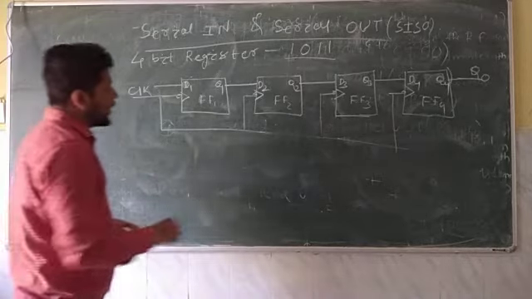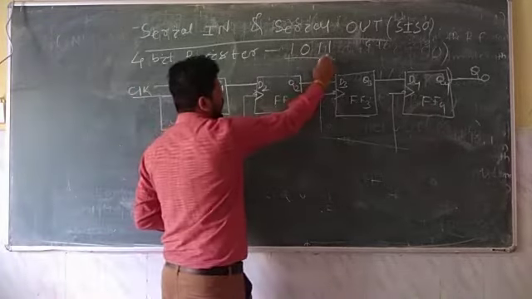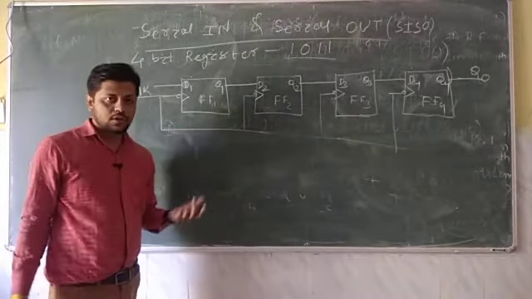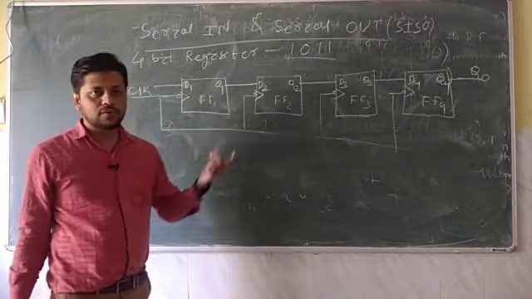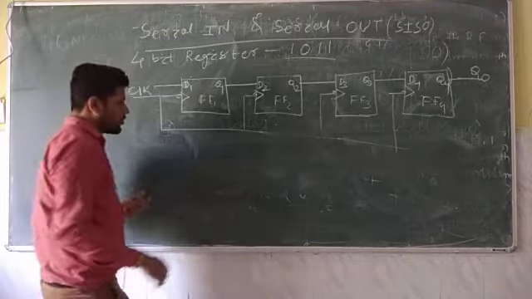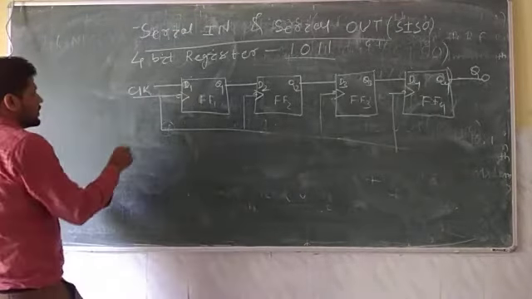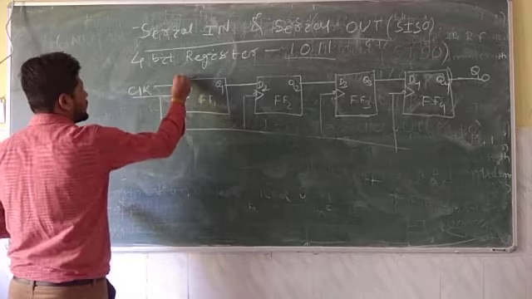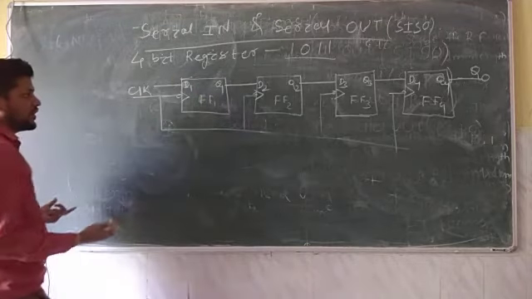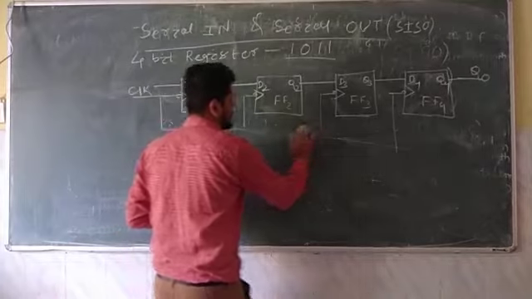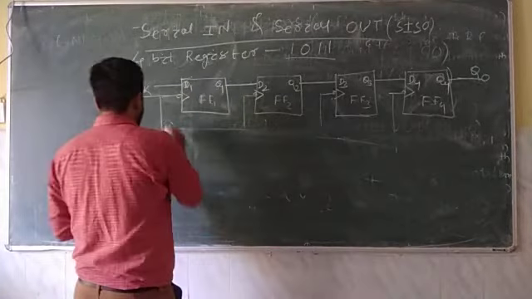So my target is to store 1 0 1 1. Initially, when the clock is not applied, all the flip-flops are at 0. So I have to make a table here. This is how you design a serial in serial out register.